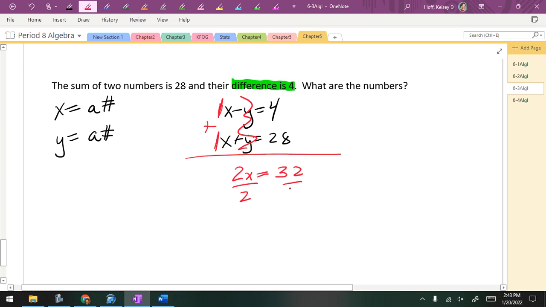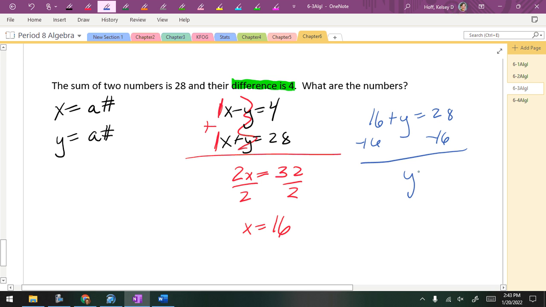So I divide by 2, x equals 16. So 16 plus y, because I hate negative signs, equals 28. Subtract 16, y equals 12. So my numbers are 16 and 12.